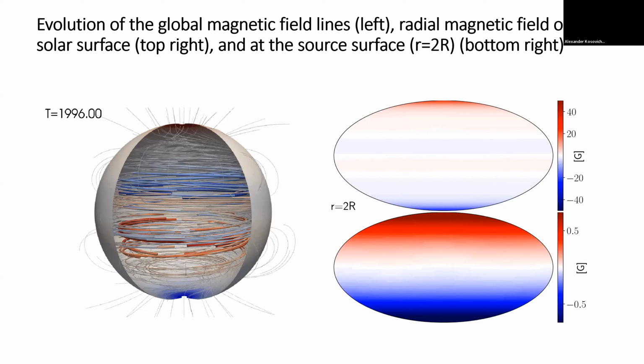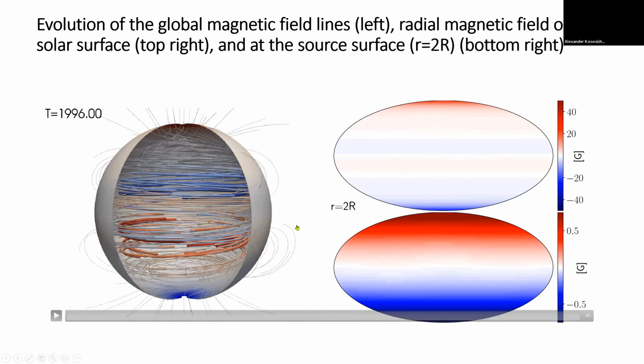That produces the long-living non-axisymmetric structures that we can see in these surface models in the heliospheric field. Only active regions initiated in the upper half of the convection zone emerge in the form of bipolar magnetic regions on the surface.